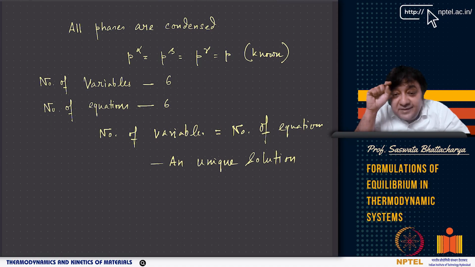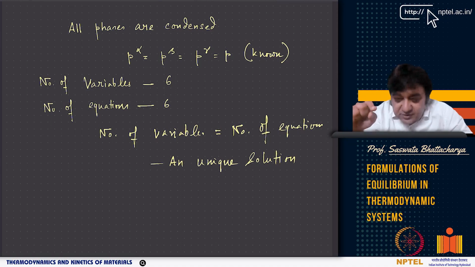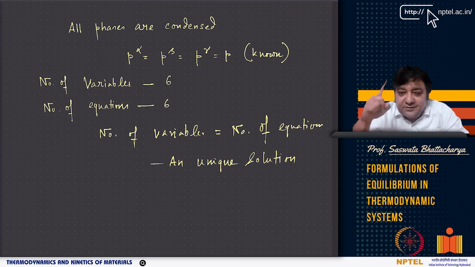So please try to understand, in this case, if I basically use another subsystem, say delta, and if you have now these 2 components A and B, you will see that it becomes insufficient, because in that case number of equations is more than the number of variables. So in such a case solution does not exist.